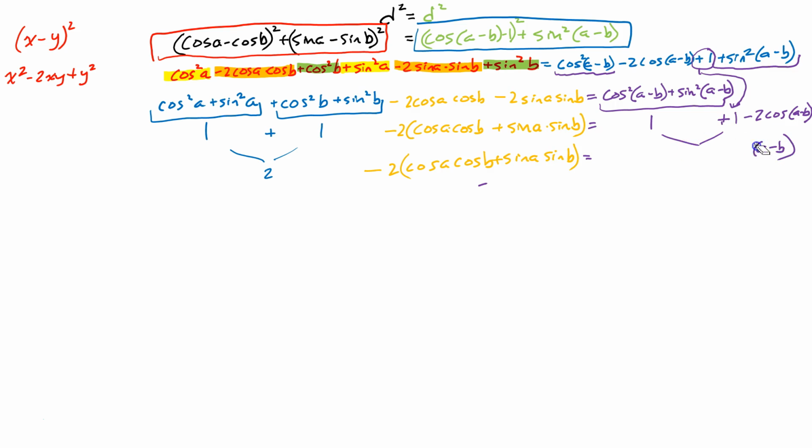So now, let's actually clean this up even a little more, and line it up here. So this is going to be 2 minus 2 cos of A minus B. That is now your equation right here. Okay?